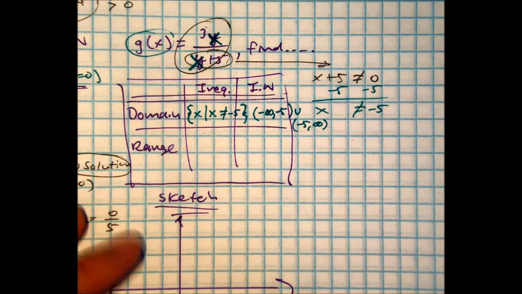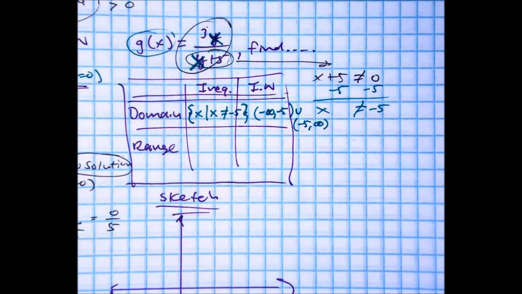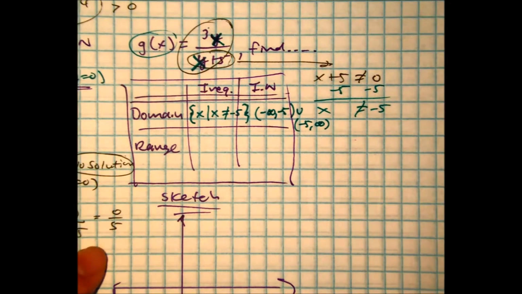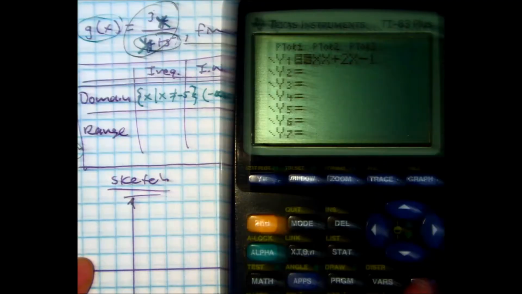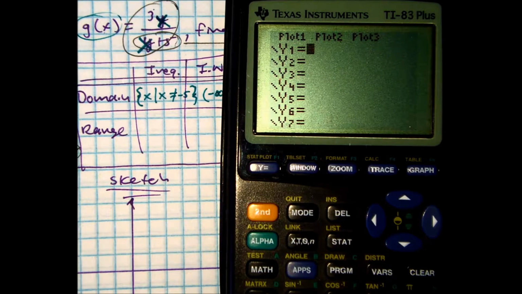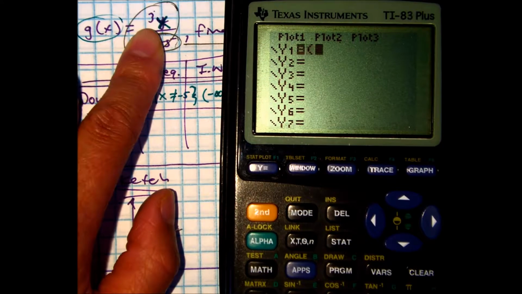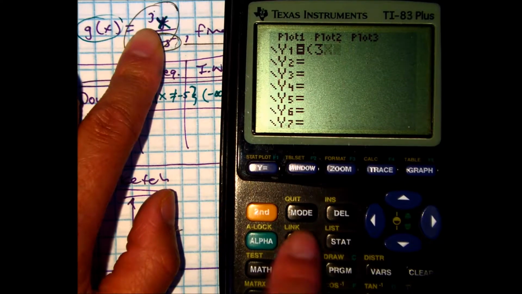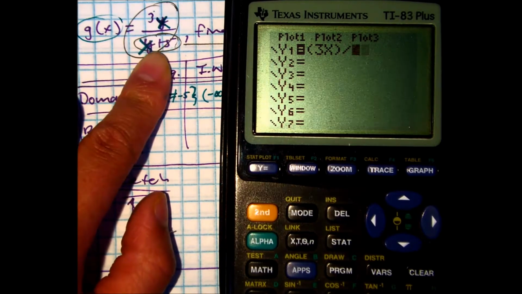Okay, let's get the range. Now, this one you kind of want a visual, don't you? So pull out your calculators. Everyone say extra parentheses. You want to have extra parentheses. So for my numerator, I'm going to have 3x, and then I'm going to divide that by x plus 5.